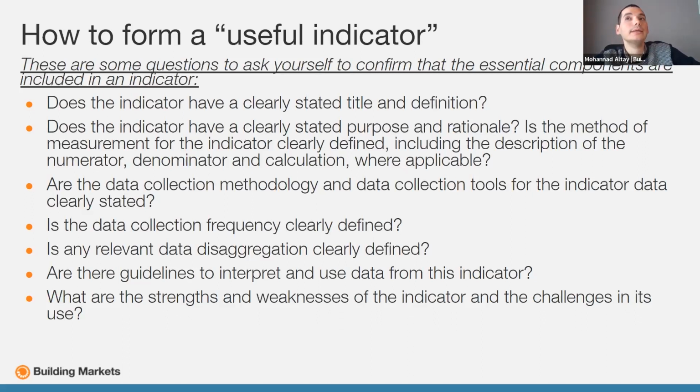For example, let's say we have a specific indicator that needs to collect data disaggregated by age group, which is a common kind of disaggregation. But the community you are dealing with might not feel comfortable disclosing this kind of data.